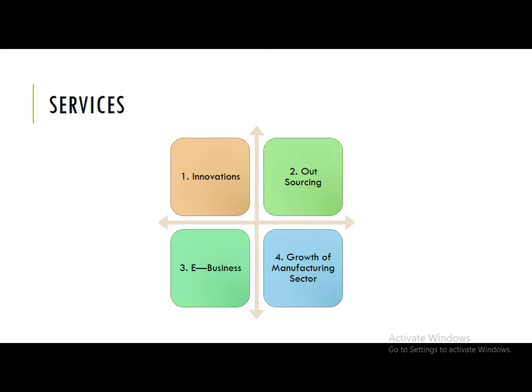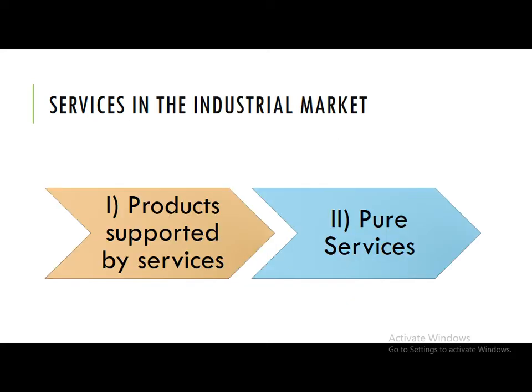Services in the industrial market can be grouped into two categories: products supported by services and pure services. So, first we'll talk about products supported by services. The services which accompany the physical product are equally important as the product itself.